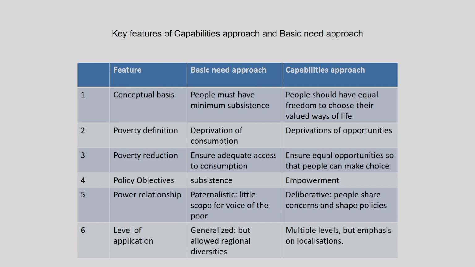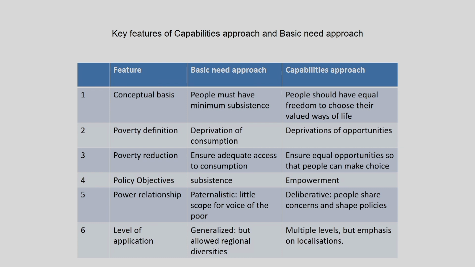Whereas the capabilities approach brings about a shift in thinking in development policy and practice, where the community comes ahead and lets the policy maker know what they require. Therefore, citizen participation is intrinsic to the power relationship of the capabilities approach. In terms of the level of application, the basic needs approach is generalized and does not allow regional diversity, whereas the capabilities approach has multiple levels and emphasizes localization.